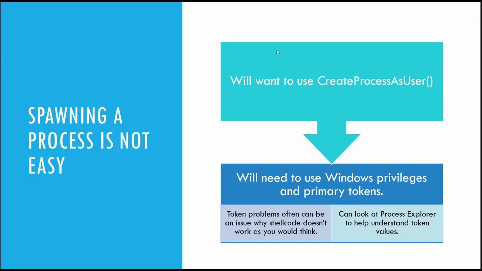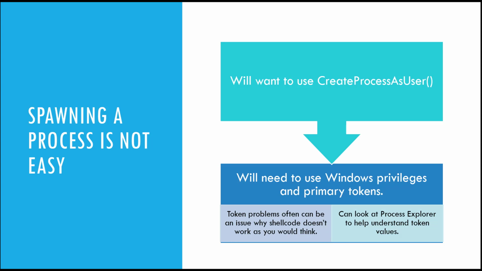One thing that you would want to do to help you out with that is use CreateProcessAsUser rather than simply CreateProcess. You also need to make sure that you're utilizing appropriate Windows privileges as well as primary tokens. Process Explorer can be something that you can use to engage in analysis of different tokens that may be at play.